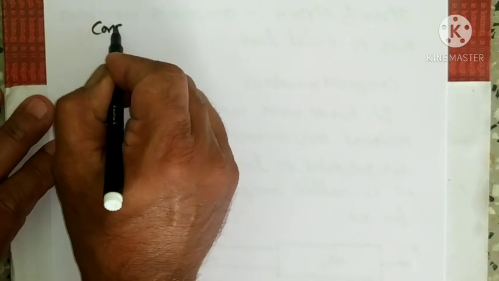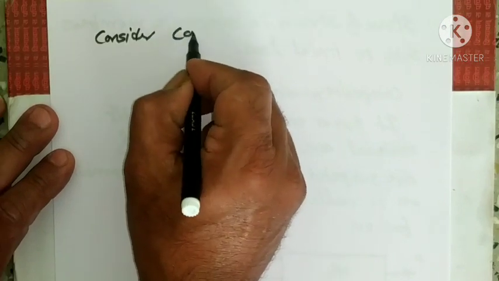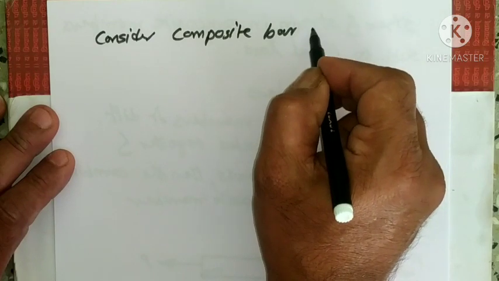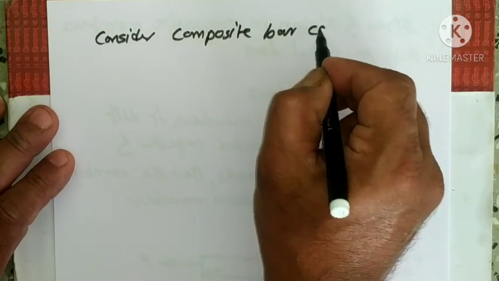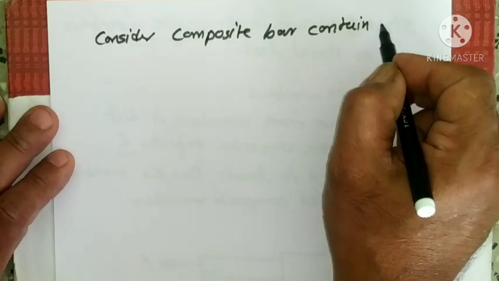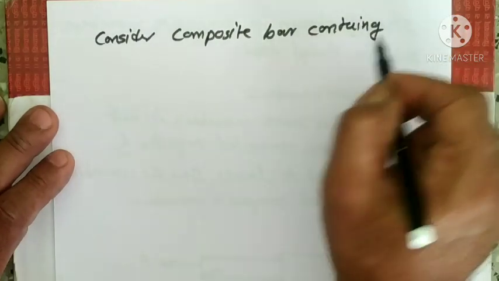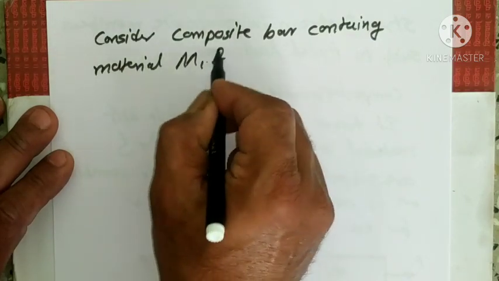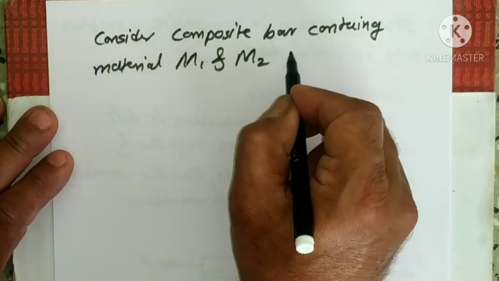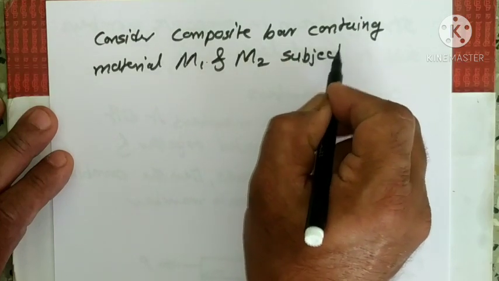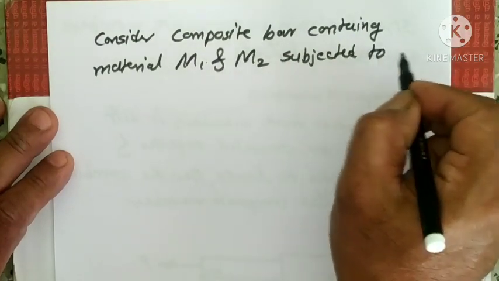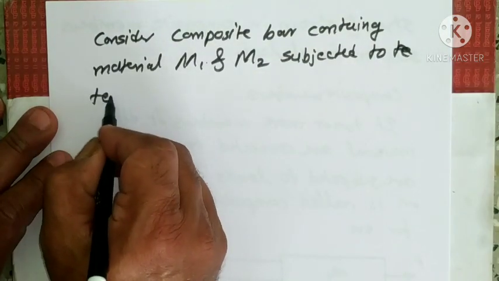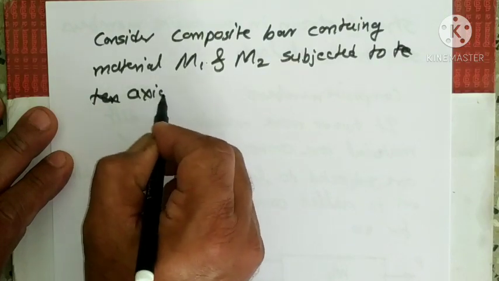Consider composite bar containing material M1 and M2 subjected to tensile load, axial tensile load.